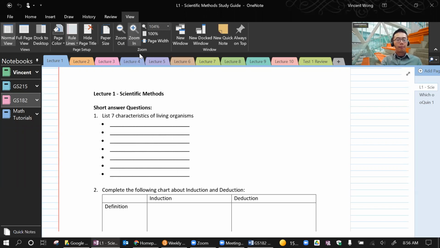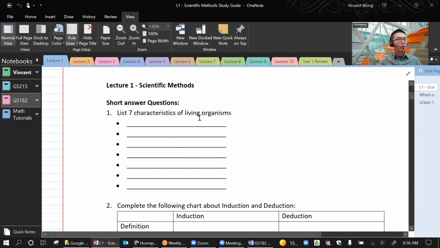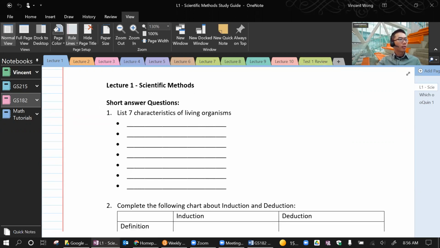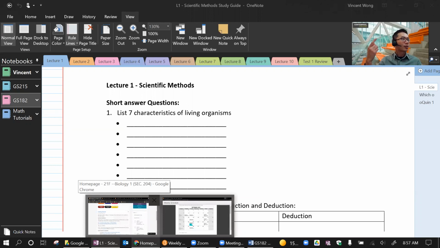So, does everybody have a copy of the worksheet in front of them? Let me just do another quick poll. If you have it, press A. If you don't have it, press B. Okay, most of you have it. For the people who don't have it, do you know where to get it? You can just unmute and tell me, it's faster that way.